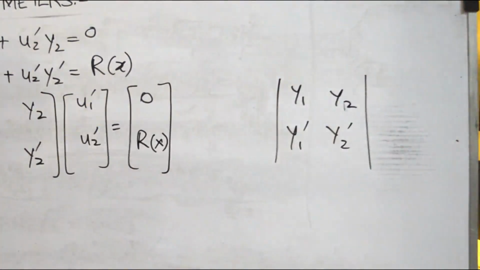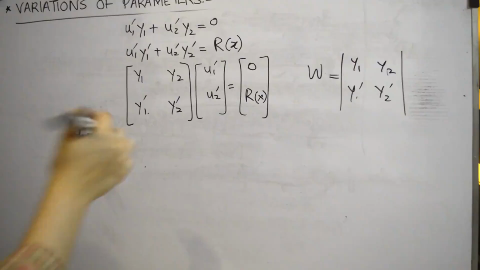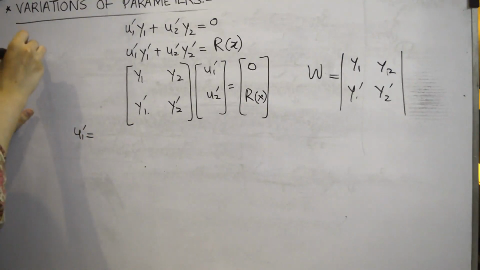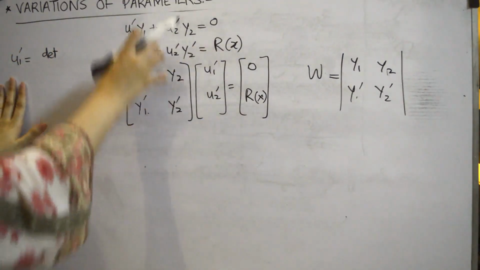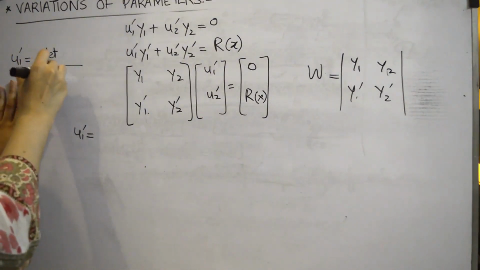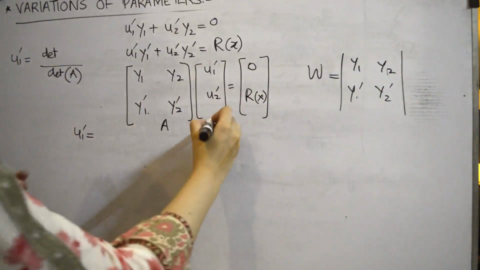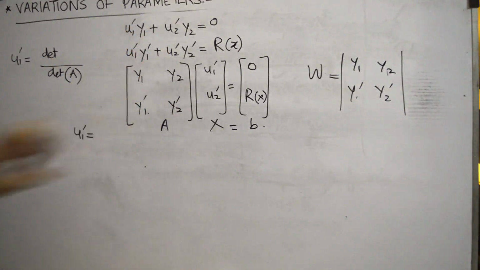You can see that this is the formula of Wronskian, so you can also write it as W. Okay, u1 dash is equal to the determinant of this first column divided by the determinant of this whole matrix A. I can say this is a matrix A, this is X, and this is B. So this becomes a system of linear equations, but here the derivatives are involved, so that you can say is Wronskian.